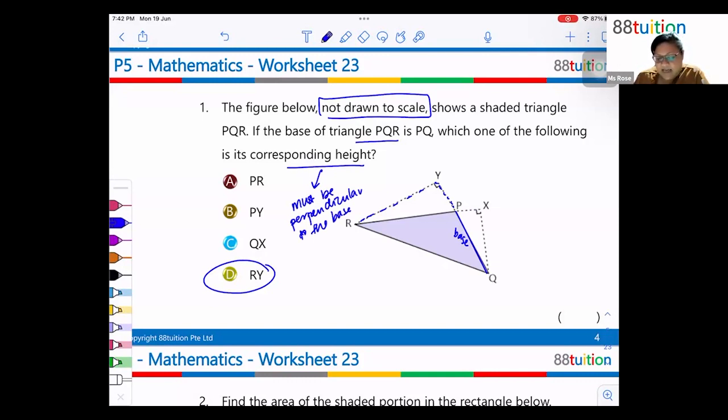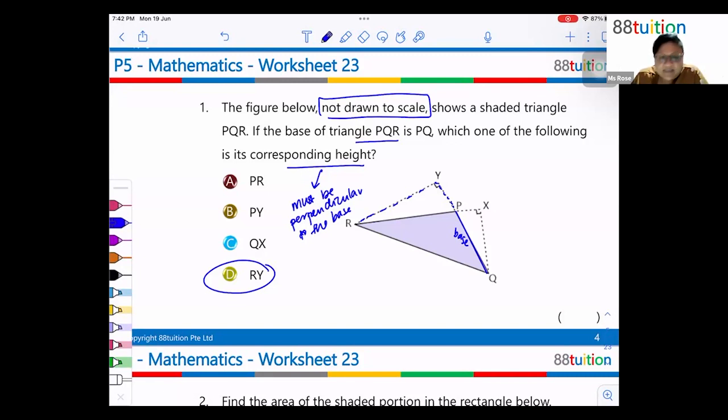Now, let me ask you a question. If I say the base is RP, which one is the height? Yes, Jinlong. PQ. No? Try again.